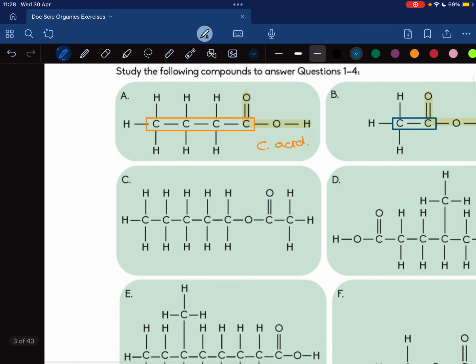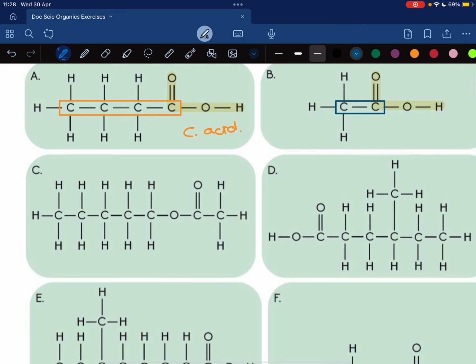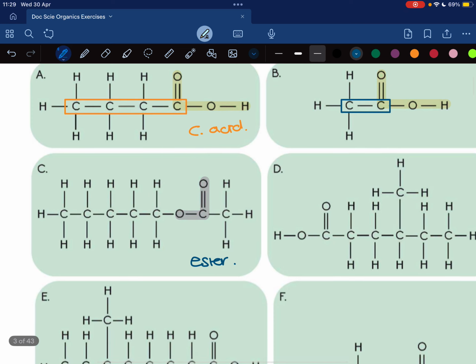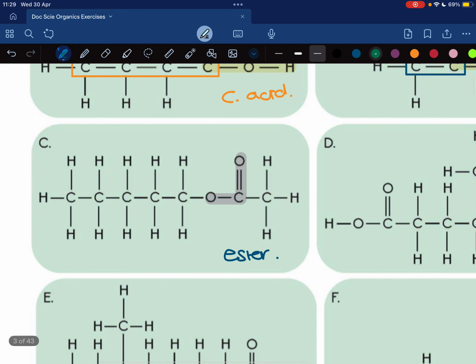Then if we look at C, we notice that the functional group is here. So we see that this one is going to be an ester. The first thing we're going to do is find the alcohol part. The alcohol part is the part that's attached to the single bond oxygen. And I can see that I have 1, 2, 3, 4, 5.